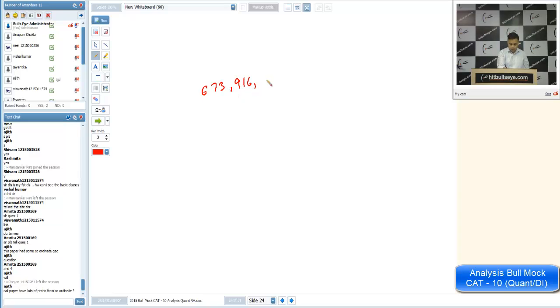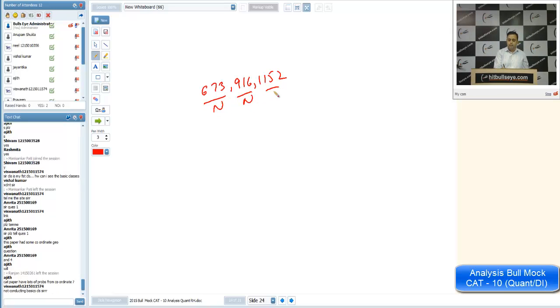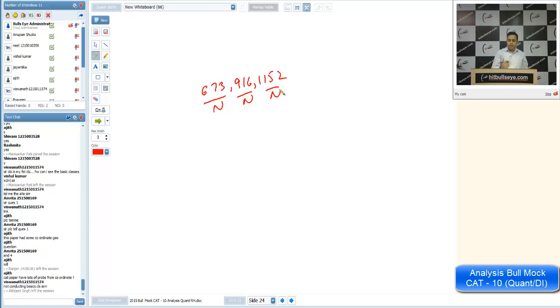916 and 1152. The question is saying that when I have kept some candies for myself, then I can divide the rest equally among the others. That means there is a number which leaves the same remainder when divided into these three numbers, and that remainder is the number of candies which I have taken for myself.